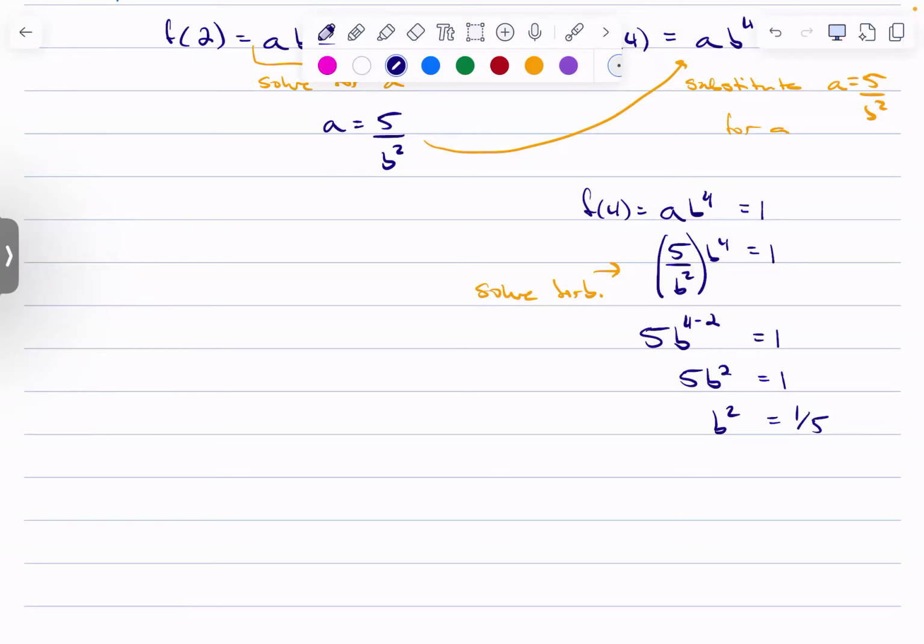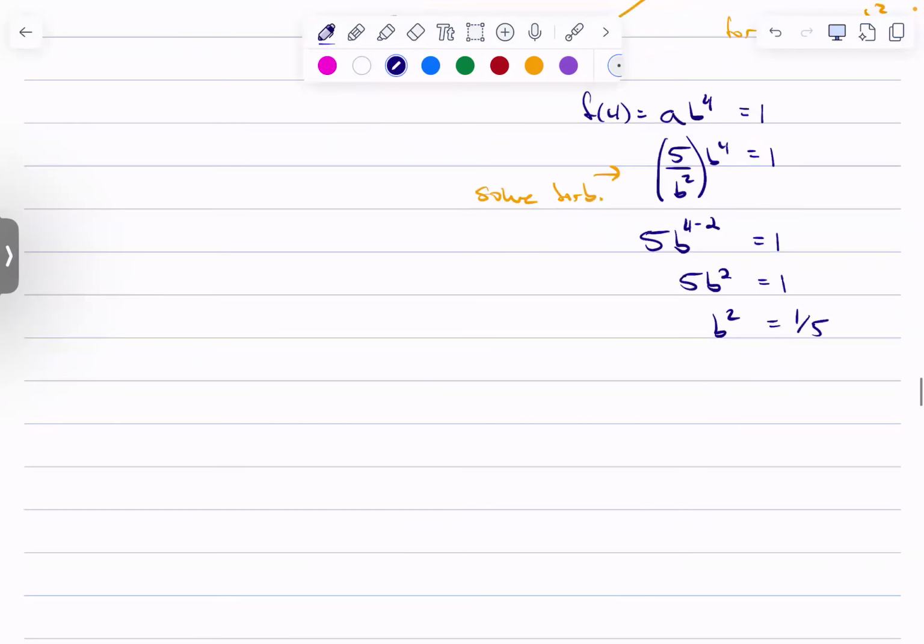Now remember, I'm solving for b, but when we take the square root, b is the plus minus square root of 1 over 5. However, b, remember, has to be greater than 0. We're forcing it to be greater than 0.